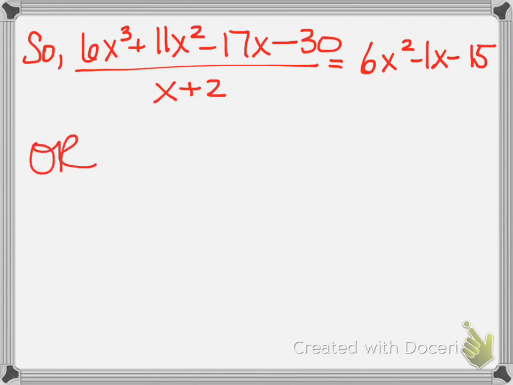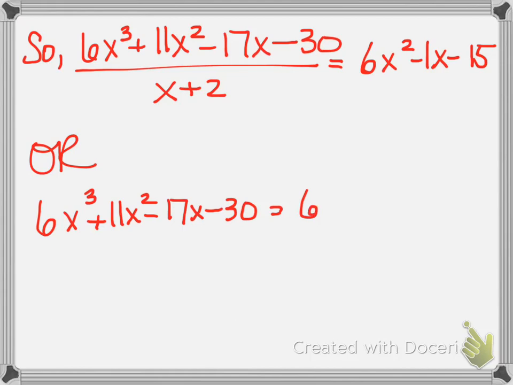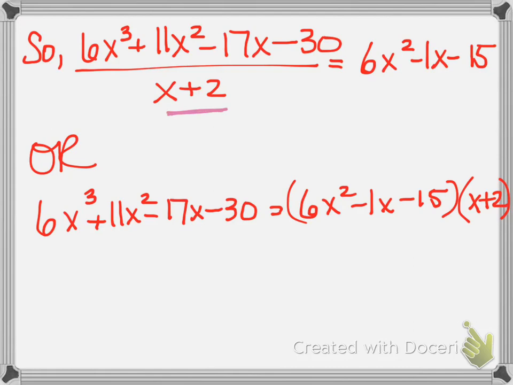Or you could say 6x to the third plus 11x squared minus 17x minus 30 equals 6x squared minus 1x minus 15 times x plus 2. All I did was take the x plus 2 from here and multiply both sides by it, so it would cancel from the left side and multiply the right side. That's another way to write your solution.